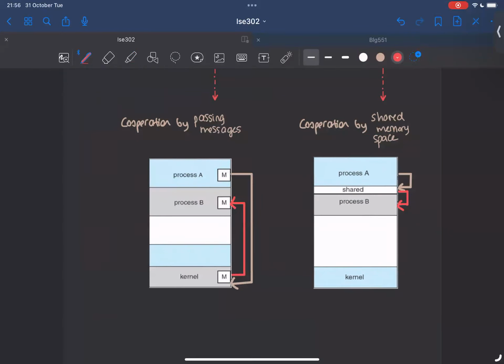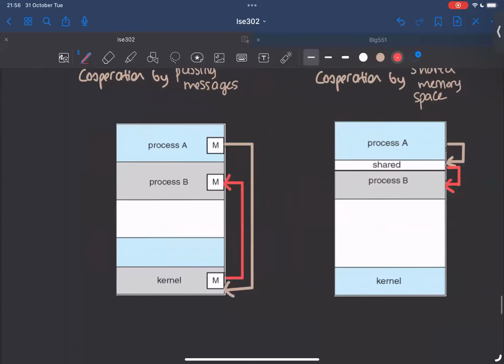In passing messages through the kernel, in this approach, processes communicate with each other by sending messages through the operating system kernel, okay? So when a process wants to send a message to another process, we have process A and process B here, okay? So when process A wants to send a message to process B, it invokes system calls to pass the message, okay?